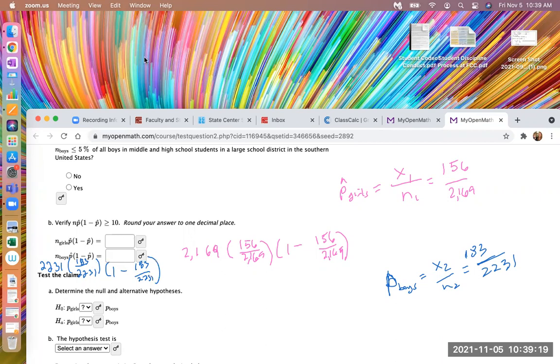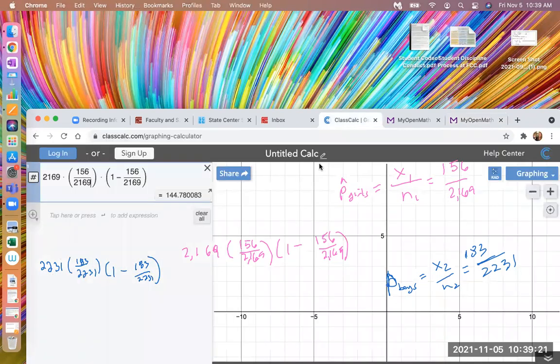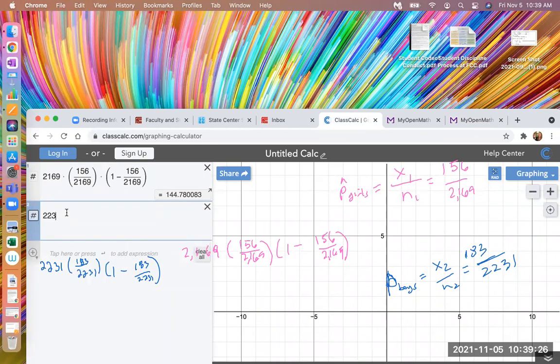So I can input 2,231 times 183 divided by 2,231 times 1 minus 183 divided by 2,231, and oops, I don't want that in the denominator.